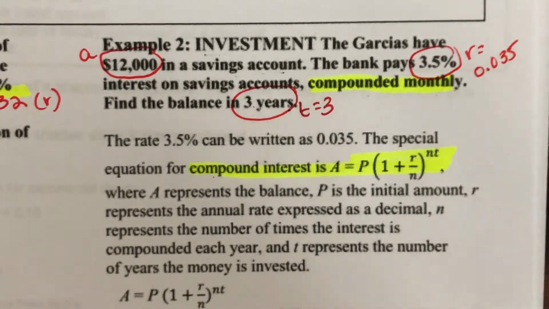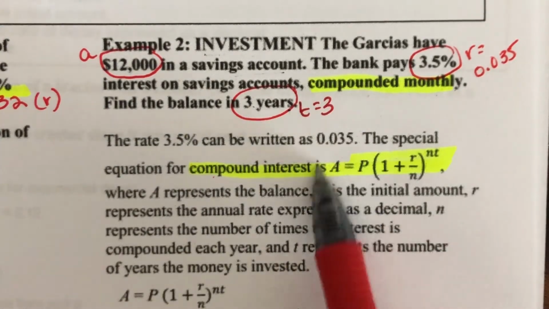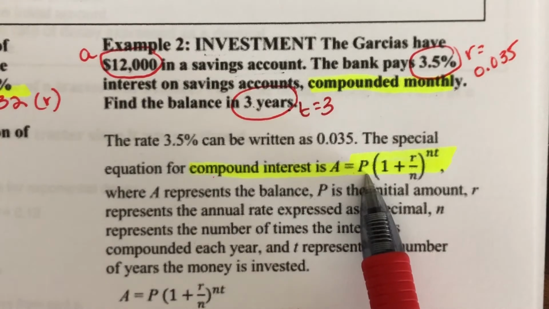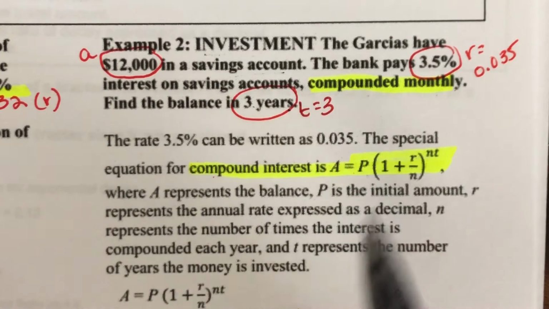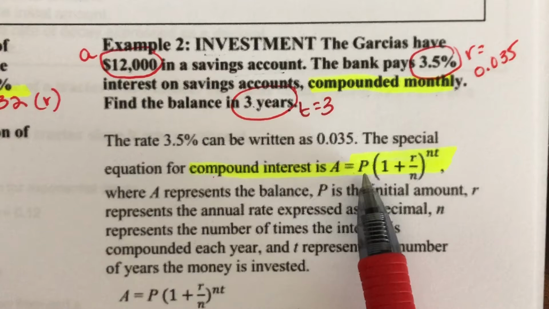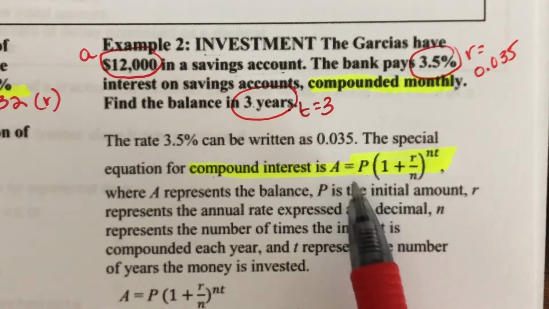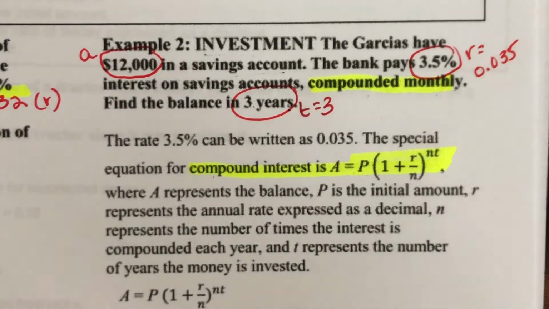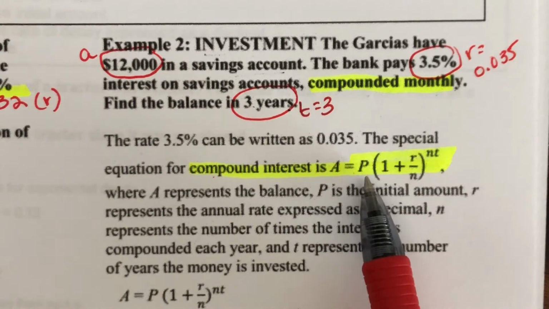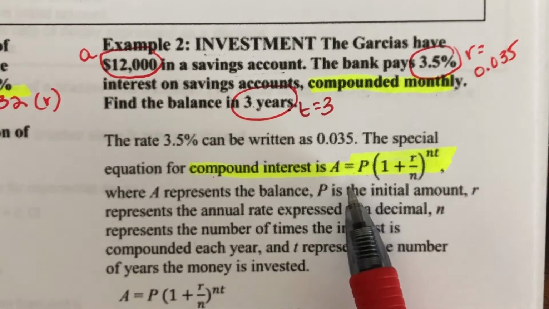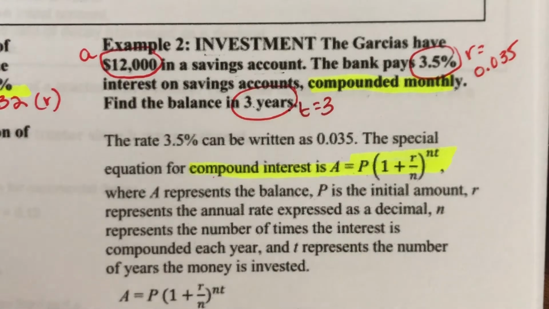These two letters are still the same thing. It's our ending amount equals our initial amount. But when you're talking about compound interest in money stuff, it's your principal. The principal is the amount of money you start with. So instead of calling it lowercase a for initial amount, now we're calling it uppercase P for principal, but it's the same thing. It's the amount you start with.